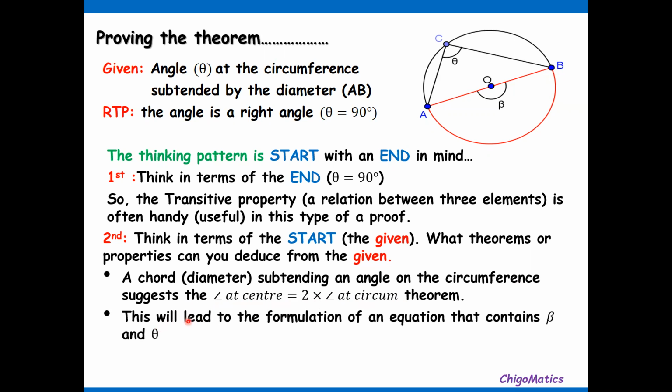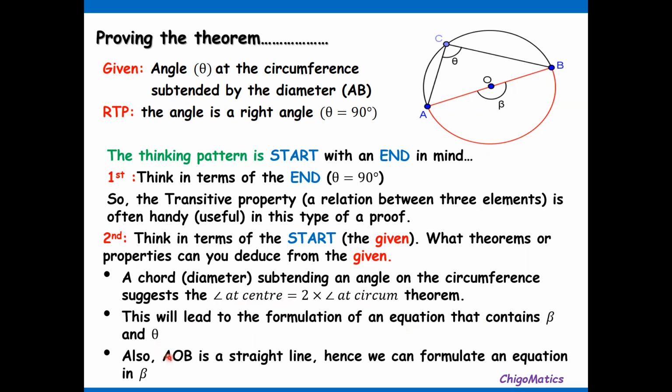This will lead to the formulation of an equation that contains beta and theta. Also, AOB is a straight line, and we can formulate an equation in beta.